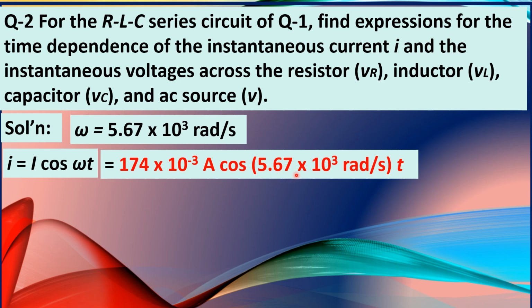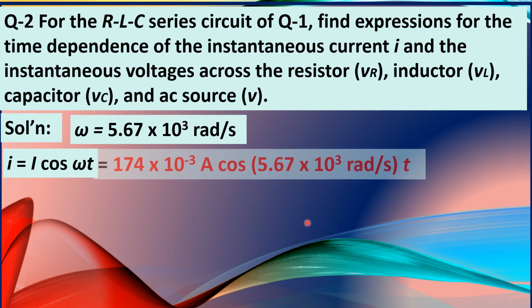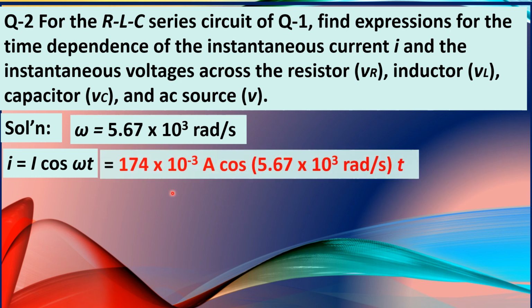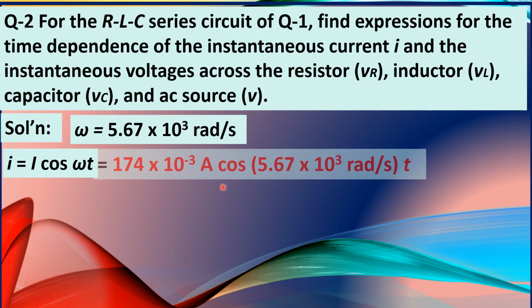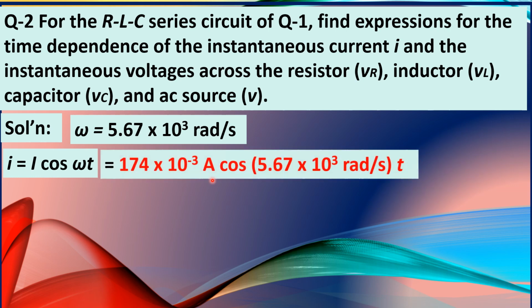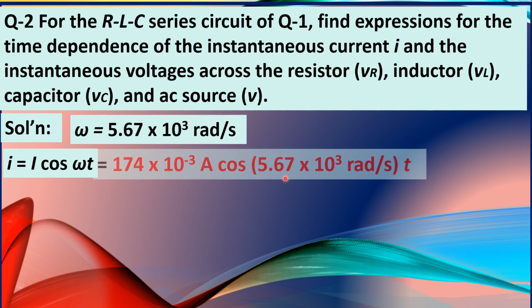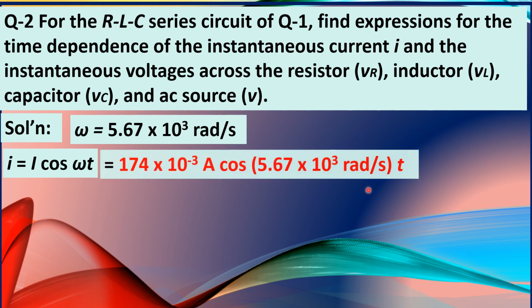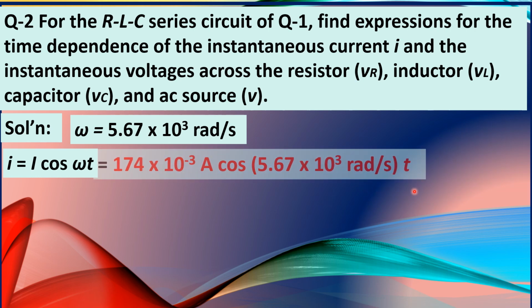Since we are only asked to find an expression for the instantaneous current, this will be our answer. At any instant t, the instantaneous current is equal to 174 times 10 to the negative 3 amperes multiplied by the cosine of 5.67 times 10 to the third radians per second multiplied by the instant t.